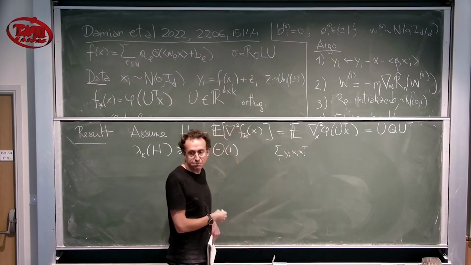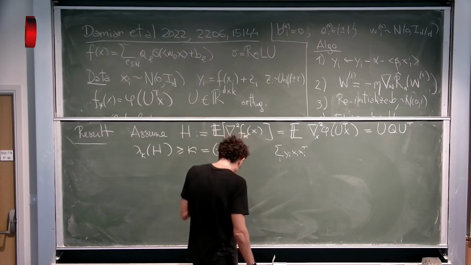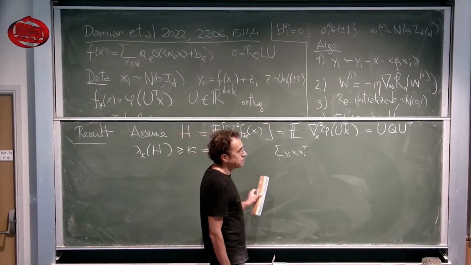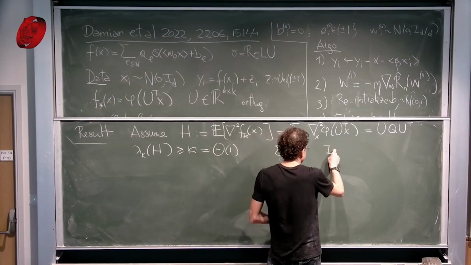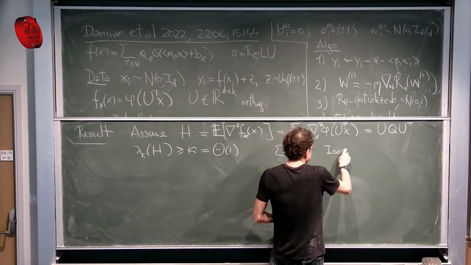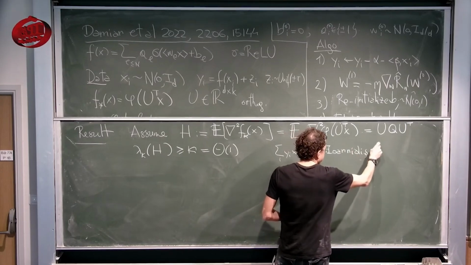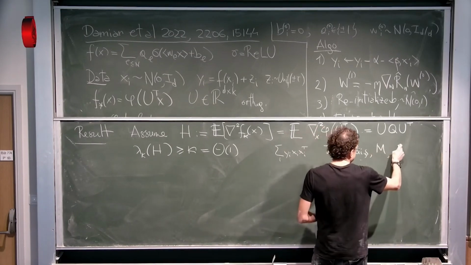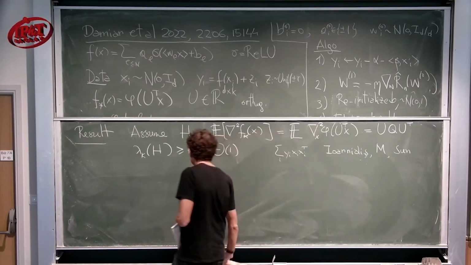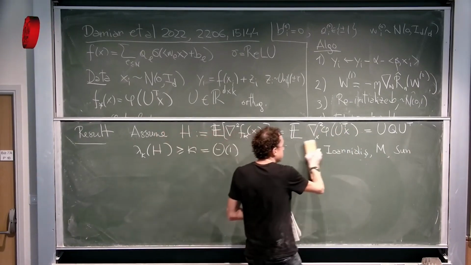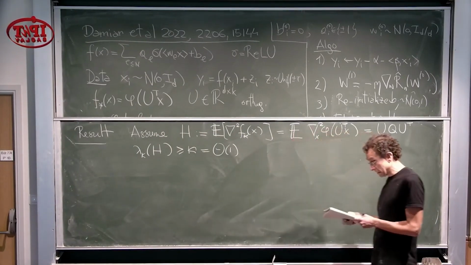If you take this matrix, then from this you can figure out the space U. But they don't do that. It's a standard thing. They don't do that, but they assume it.